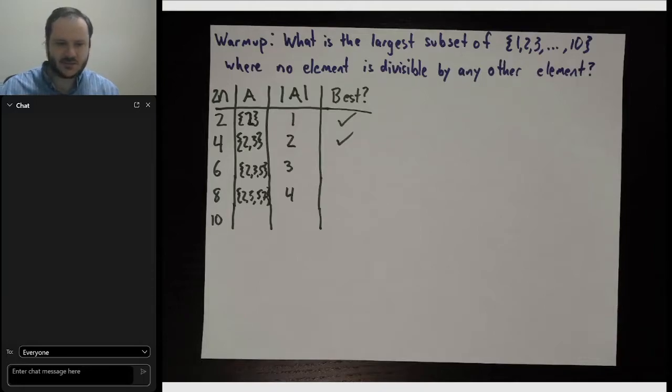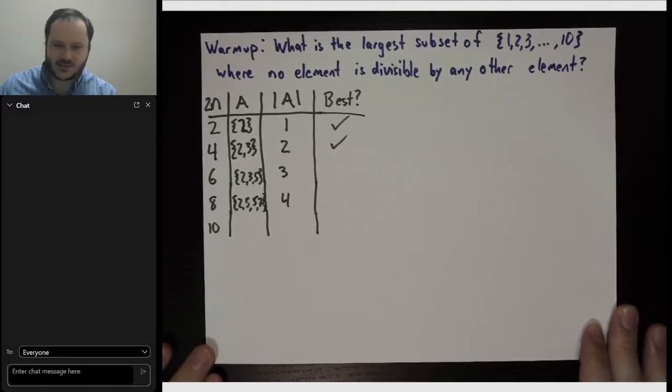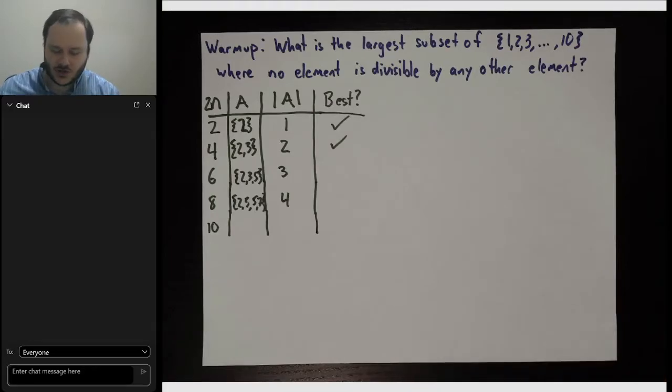Hopefully I've given you enough time to think through this. So what is a first guess at a largest subset of 10 with no elements that divide one another? What's a good thing to look at first?